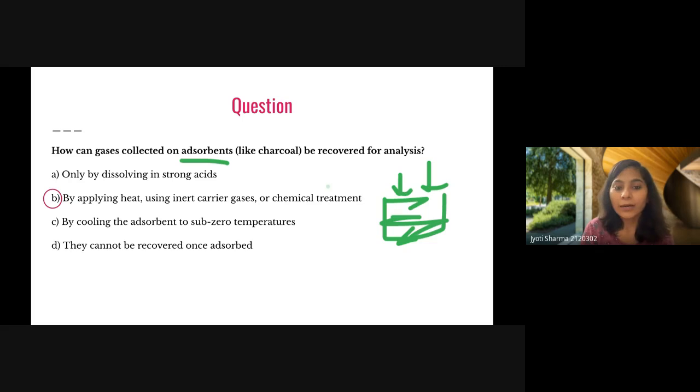If we have some carrier gases that are inert in nature, then because there is a very weak link between this adsorbent and the gas, this inert carrier gas can remove the pollutant from that charcoal, right? And even after applying the heat, the bond can be broken down. So that's why B is the right answer.